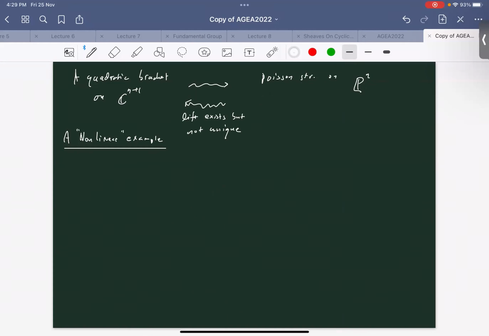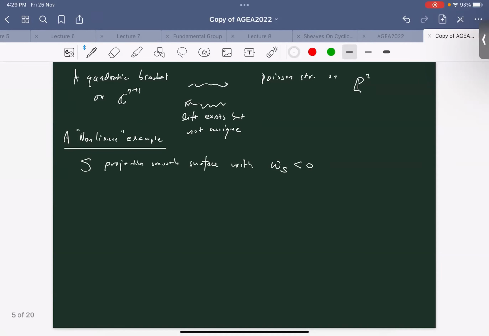Now let me state a more nonlinear example of a Poisson manifold. Let S be a smooth projective surface with negative canonical class, so the canonical bundle is negative.